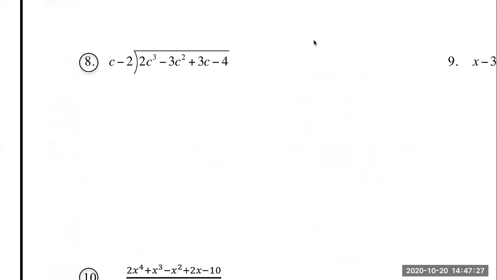So for number 8, we want something multiplied to c to give us 2c cubed. And that sounds like we need to multiply by 2c squared. 2c squared times c would be 2c cubed. And that multiplies also to the negative 2.